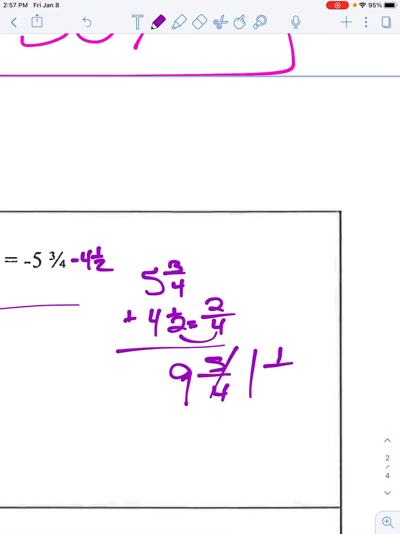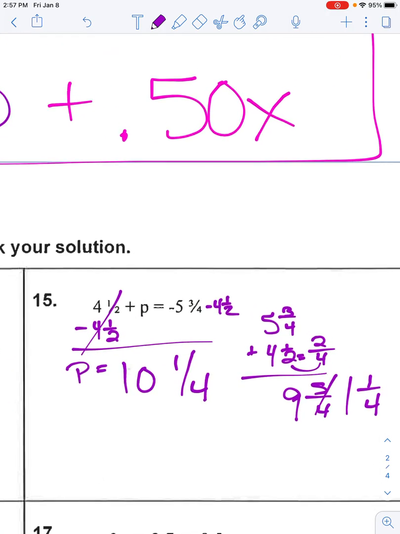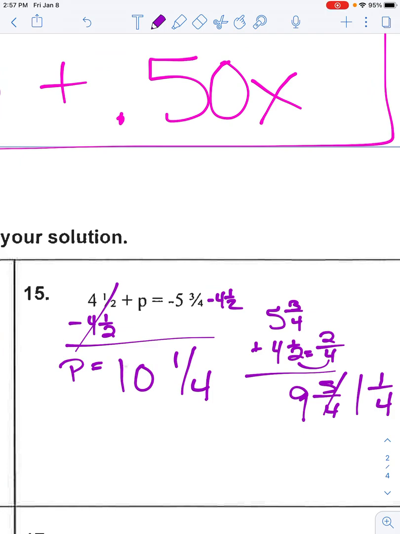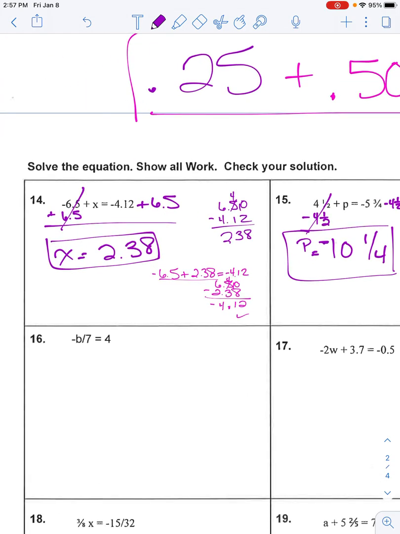So I have 9 5/4. Y'all, we know that 5/4 is the same as 1 1/4. So P is 10 1/4. A negative and some more negatives is a big ol' negative. So I should have P equals a negative 10 1/4.